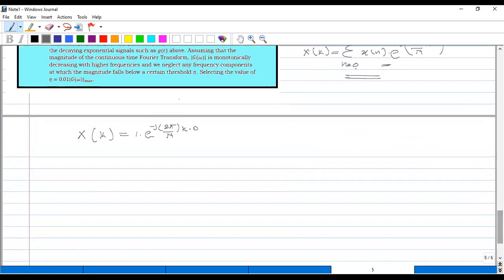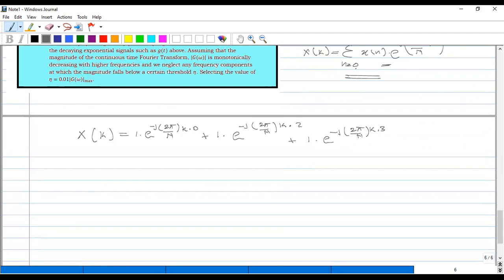So the n value will be 0 here, plus 1 e to the power minus j 2π by N k for n equal to 1, plus 1 e to the power minus j 2π by N k 2 for n equal to 2, plus 1 e to the power minus j 2π by N k 3 for n equal to 3, up to N1 minus 1.